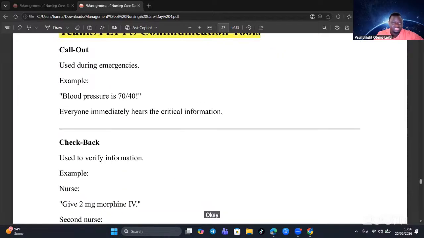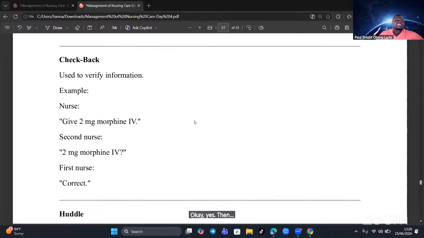Then another tool that we can use in the team on the ward is the check back. He is working on the patient, then he shouts, can you help me with a cannula? Then somebody is ready to give the patient a cannula. Then the person will verify, which type do you want?